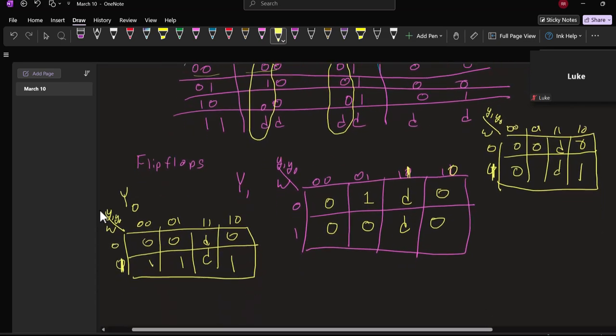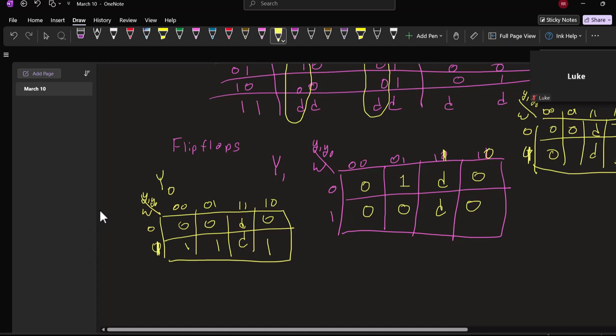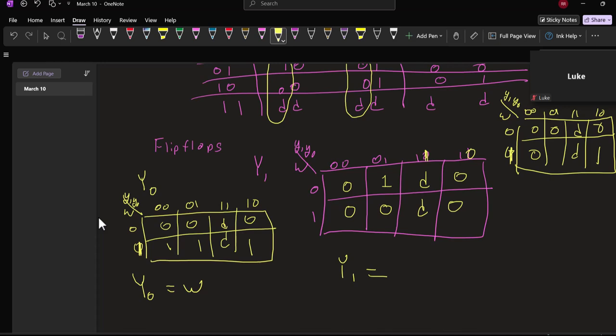So what would my Boolean expression be for Y0? W. Yep. So Y0 equals W. What would my Boolean expression be for Y1? Y0 W bar.